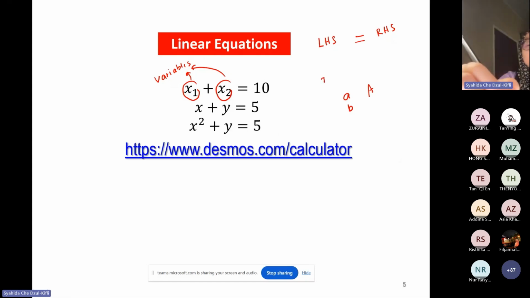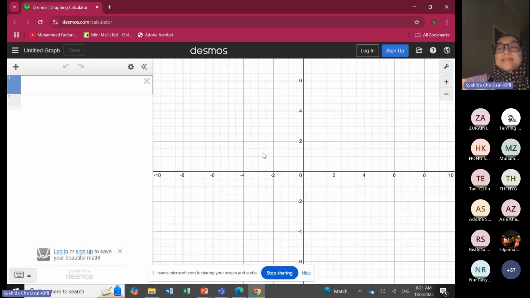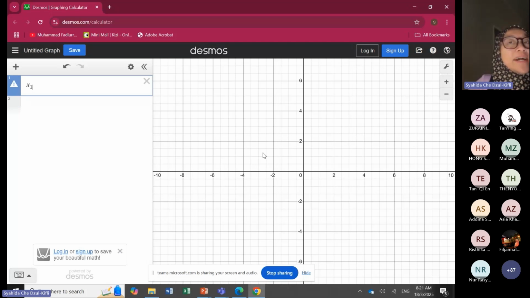On the xy plane. Why? Because it has only two variables. Okay, I am going to use Desmos to help me with the graph. However, Desmos does not recognize x1.